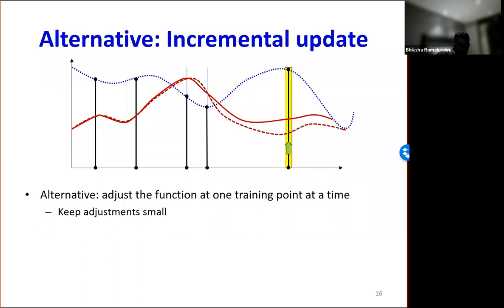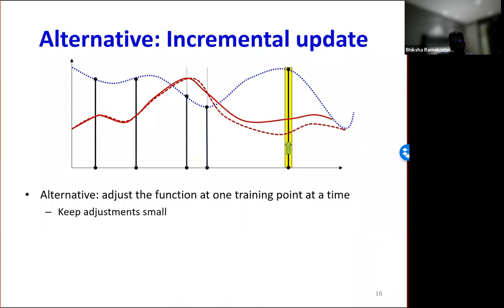And the problem is that when you push the putty down at one point, it's going to pop up somewhere else. So we have to be careful about this. But nonetheless, you can adjust the function one point at a time, and to make sure that pushing the putty down at one point doesn't make it pop a whole lot at some other point, you're going to keep these adjustments small. So that's what we will do.